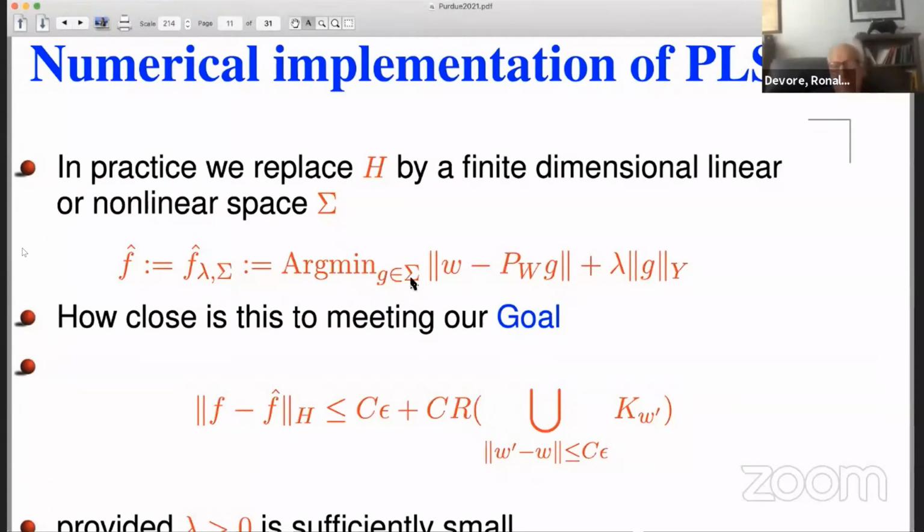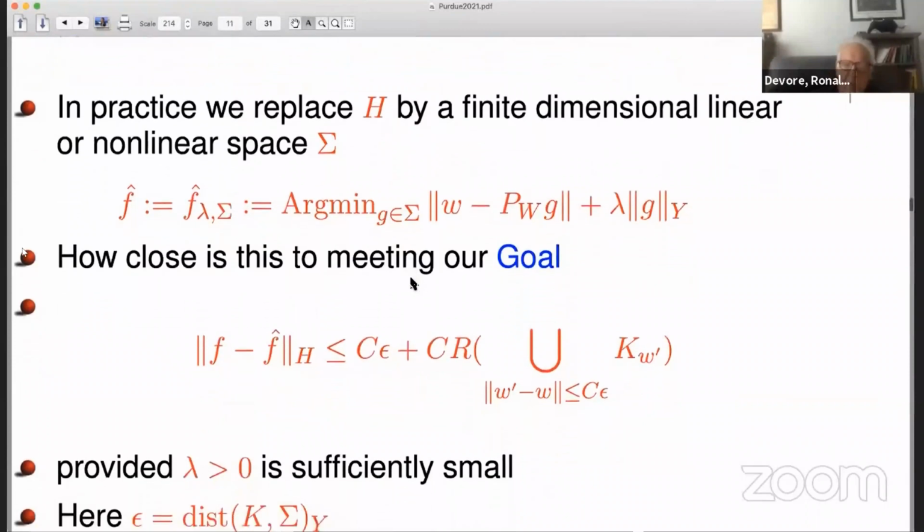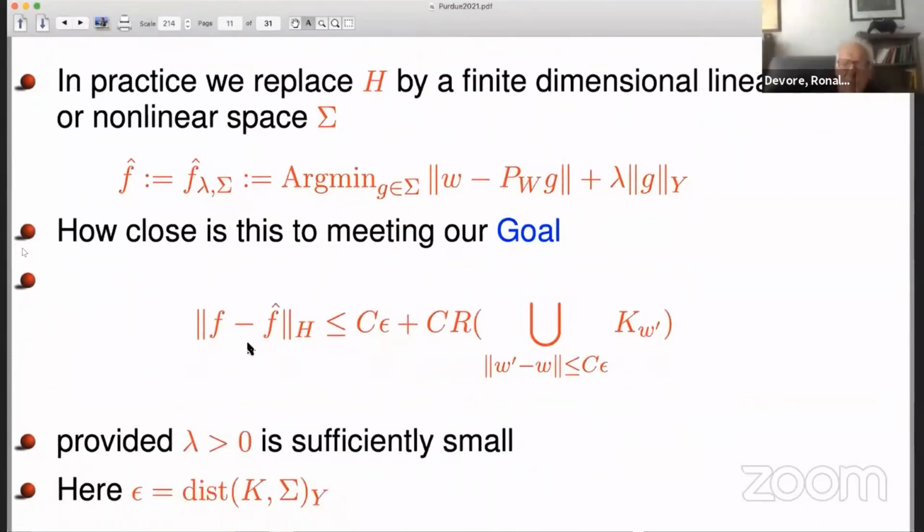And one can give, in fact, a quantitative estimate. I don't want to get into it too deeply, but you can give an estimate that tells you how close you are to actually giving an optimal solution to the learning problem. And it depends on how well sigma, or how nice sigma is at filling up H, as measured by the distance of your model class to sigma in this Y norm.